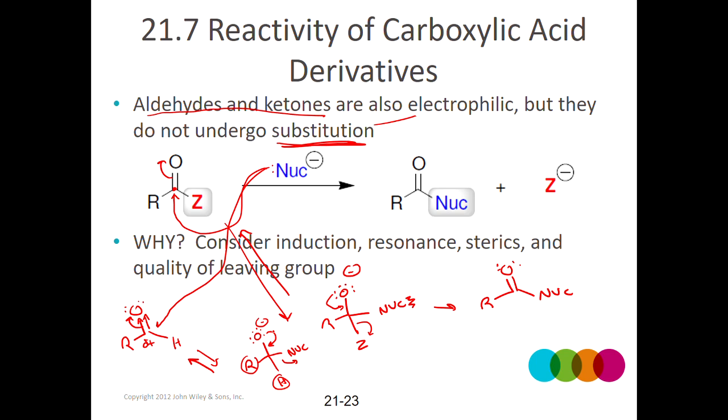You are not going to see the oxygen swing back in and push out an R group or a hydrogen. And so if the nucleophile is also a bad leaving group, like maybe a hydride or a Grignard, bringing in another hydrogen or R group here, and it also can't leave and stabilize a negative, then the oxygen is stuck with a negative until we later add a source of protons, which it could pick up and become an OH group.